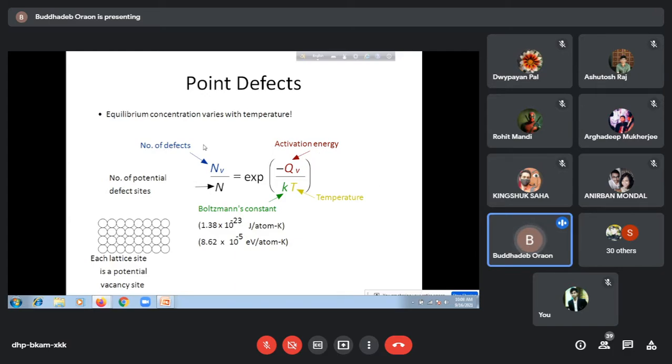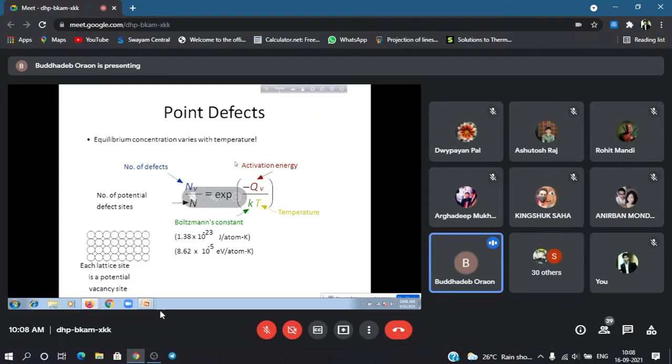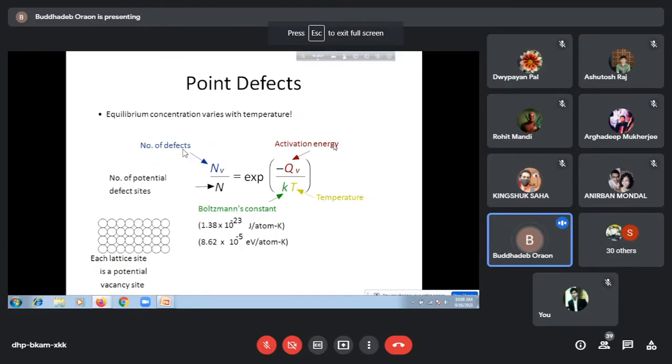Our next topic of discussion will be diffusion in solids, and you will find that diffusion in solid is a thermally activated process, which is very important and used in different types of practical applications. We will discuss it when we discuss solid state diffusion.